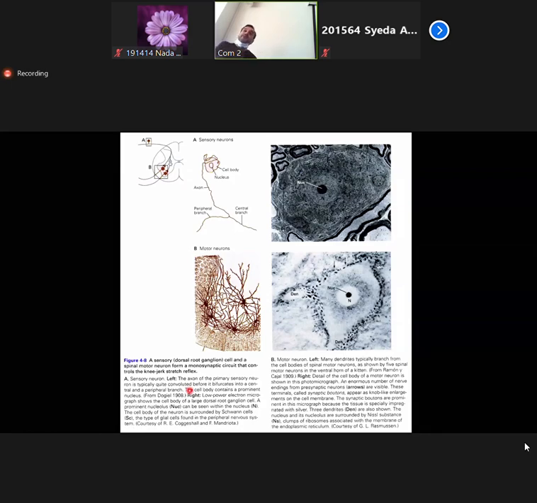The peripheral process is going towards the receptors in the skin to take the sensory input, and the central process is going into the spinal cord to relay into the dorsal gray horn cells, where the sensory neurons are present in the spinal cord. So one example of the sensory neuron is the dorsal root ganglia.